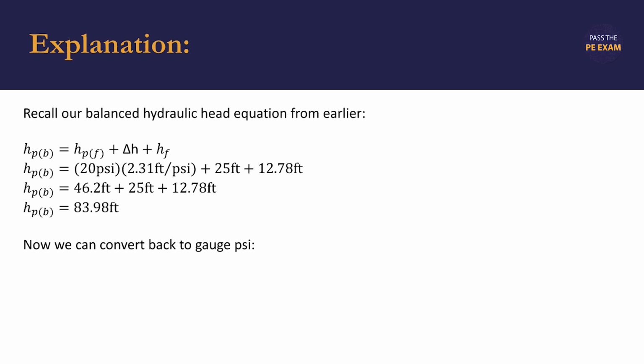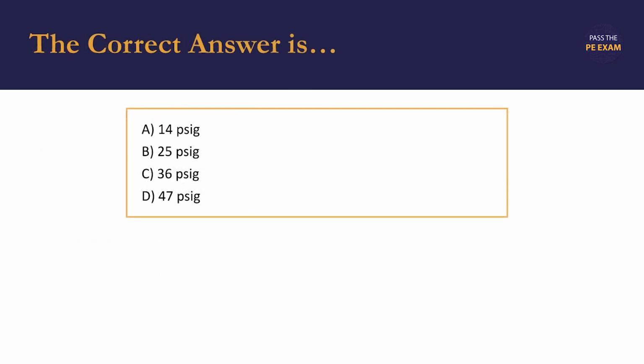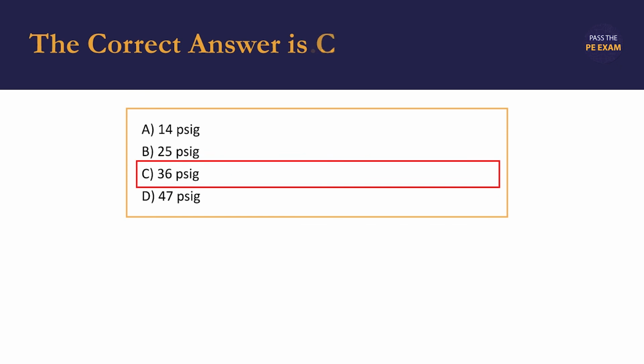So using our conversion factor, the inverse of what we used initially, 1 psi per 2.31 feet of head, we find that the pressure at the basin must be a minimum of 36.4 gauge psi. Referencing our provided options, we see that this is closest to answer C, 36 gauge psi.